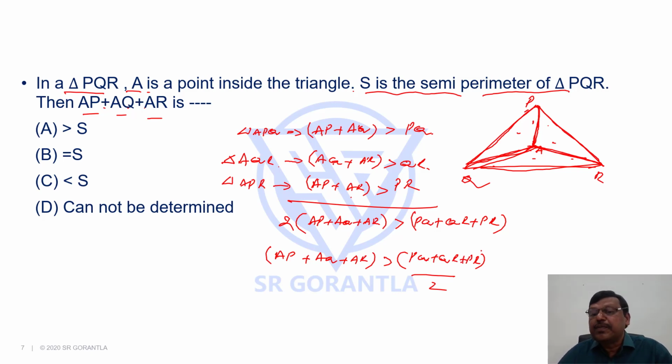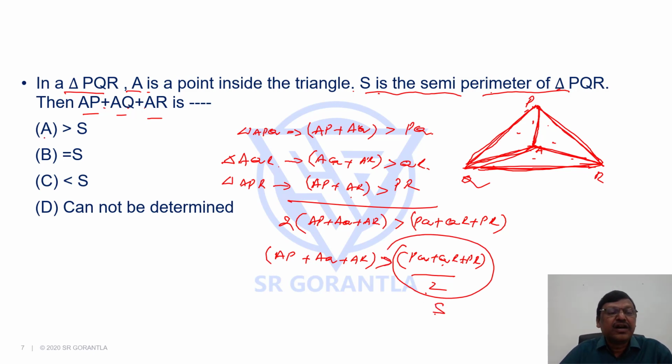Now PQ plus QR plus PR is nothing but the sum of the 3 sides, which is the perimeter. By 2 means it is the semi-perimeter. So S is the semi-perimeter of triangle PQR, meaning this value is S. So it is greater than S. Our answer is choice A.